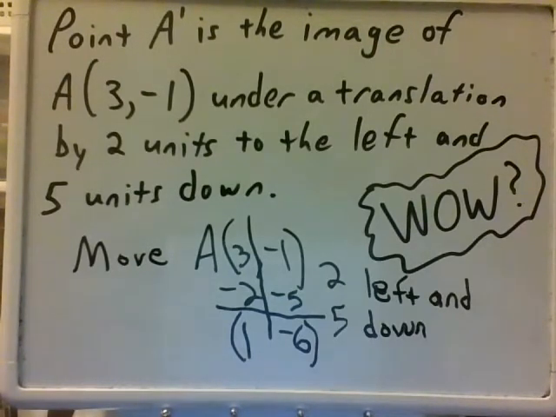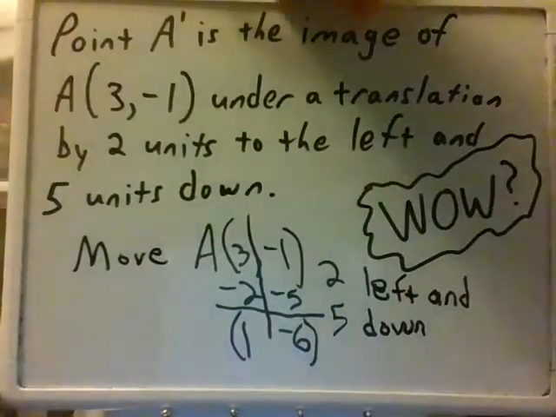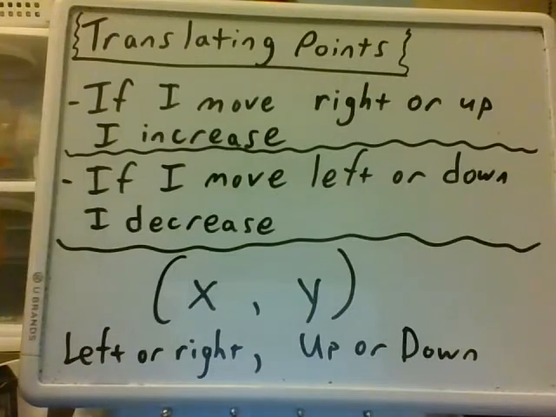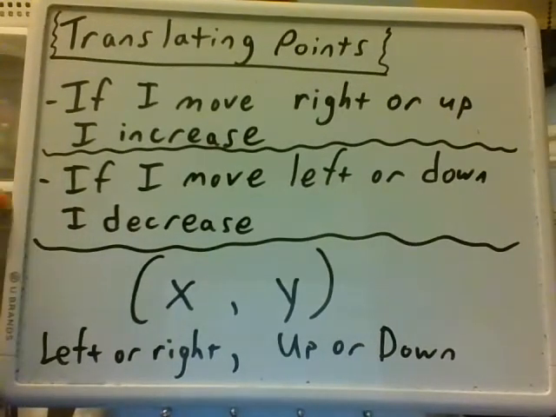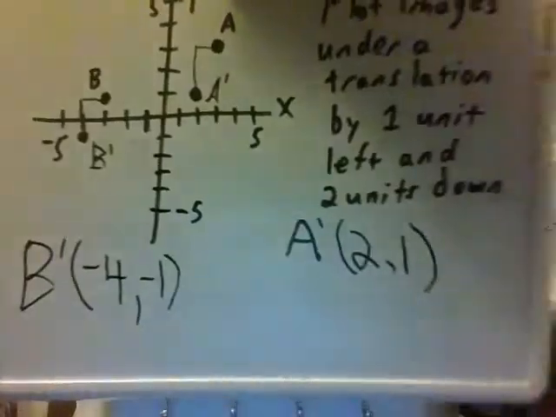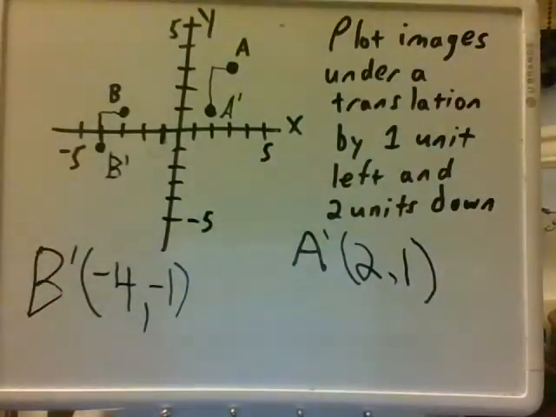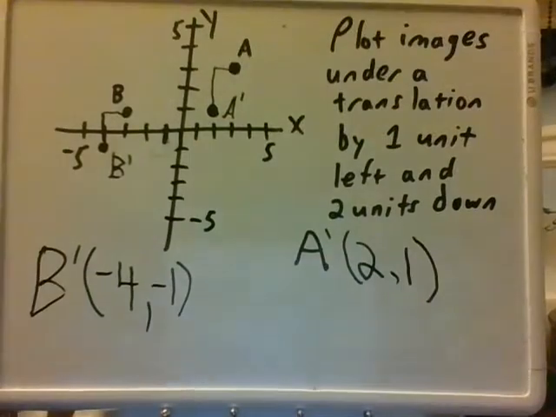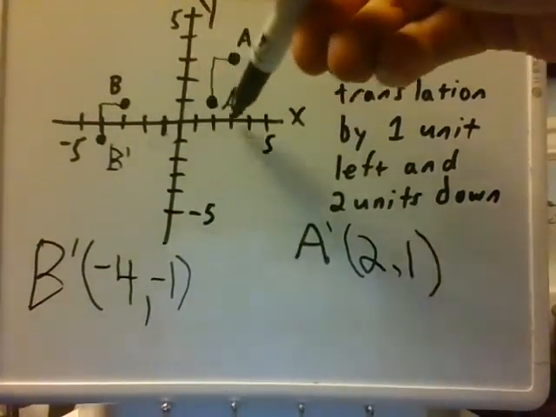But it's important, again, to remember that when you move right or up, you increase. If you move left or down, you decrease. And if you wanted to plot that point on here, it was originally 3, 1, 2, 3, negative 1.